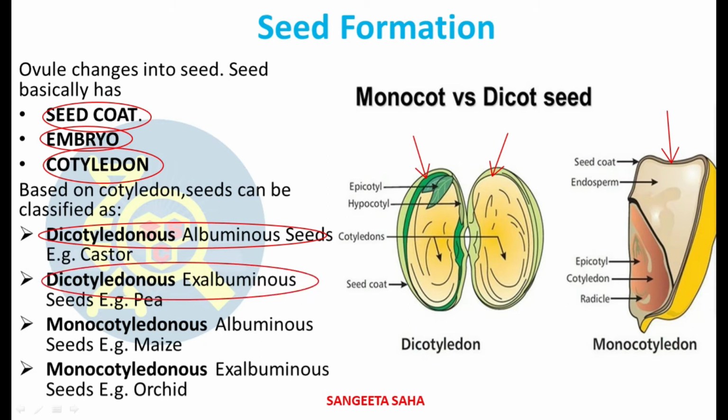Now, if after formation of embryo, endosperm still remains, then those dicots are called albuminous seeds or endospermic seeds.